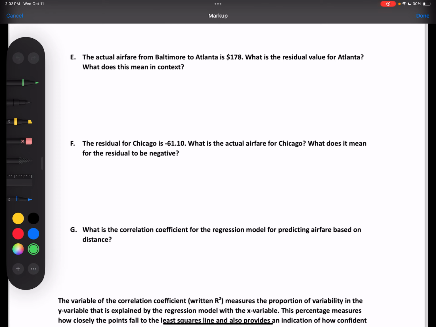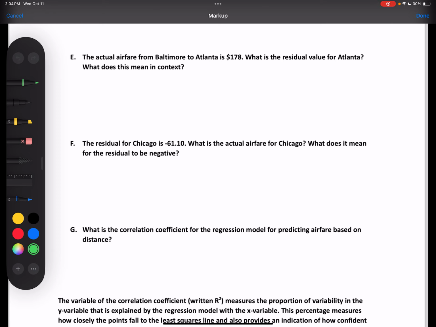The predicted is not given to us. Hold on. Yeah, this is the actual, this is what came out of the chart. Sorry. Trying to make sure I have this right. So we need to figure out what it should have been predicted to be based on our model. Now, obviously, our model came from all the values, but we want to see what it would be predicted to be, assuming that it was correct.